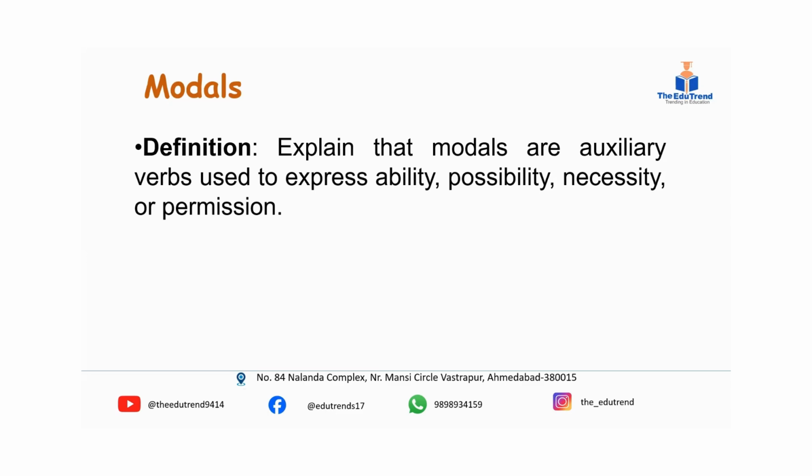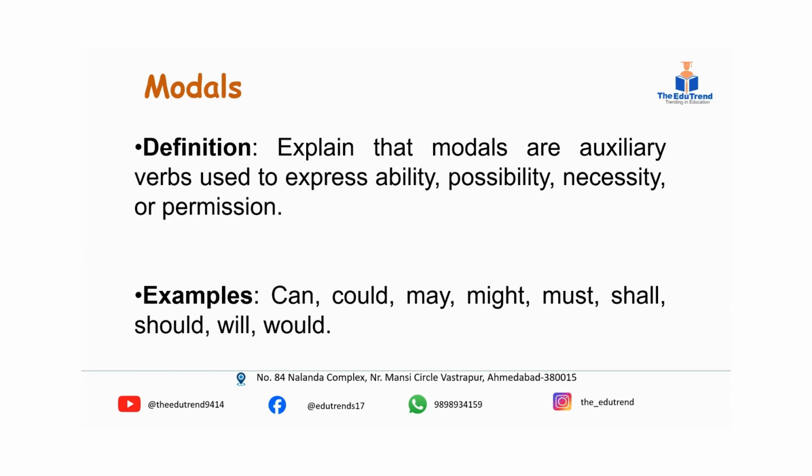The four pillars are A, P, N, P. A is for ability, P is for possibility, N is for necessity, and the other P is for permission. So these are some understanding words where modals can be further described or used.